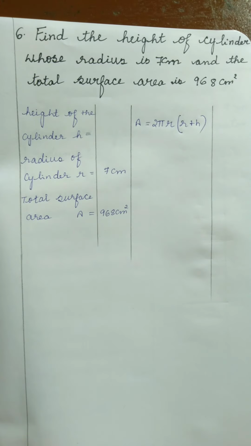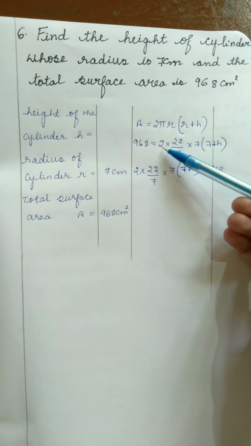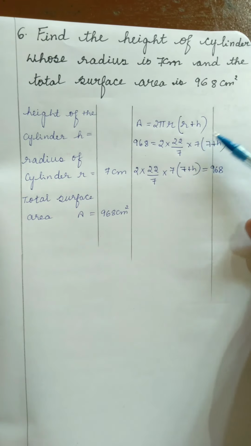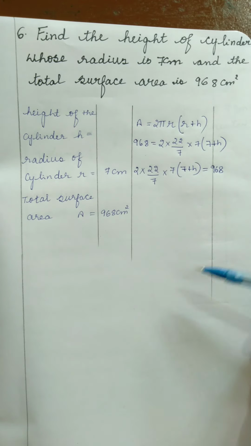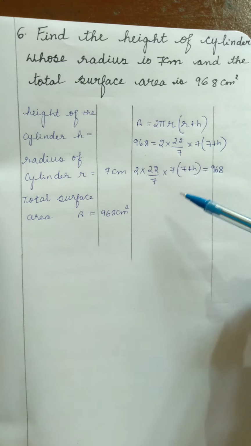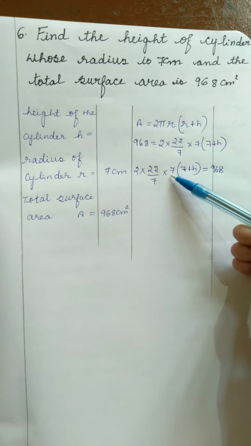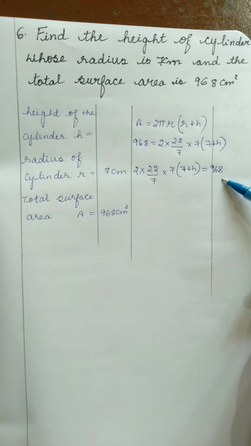On substituting the values, we have 968, the area, equal to 2 into 22 by 7 into 7, the radius, into (7 plus h). We need to find the value of h. Therefore, take it to the left side: 2 into 22 by 7 into 7 into (7 plus h) equal to 968.